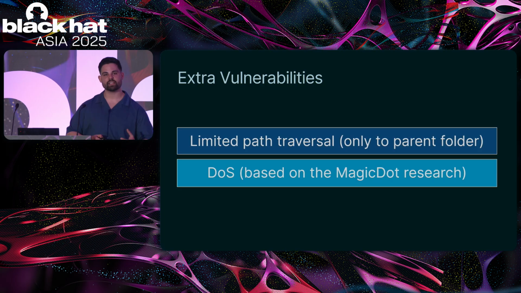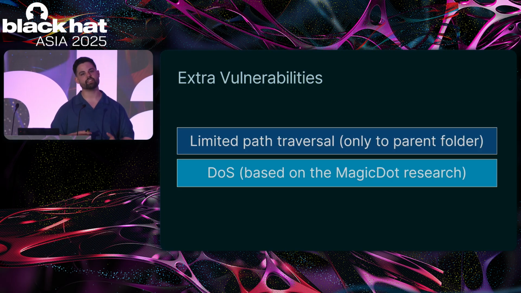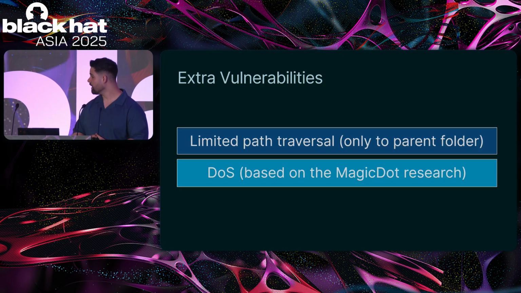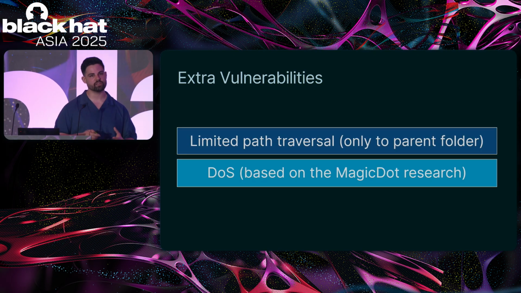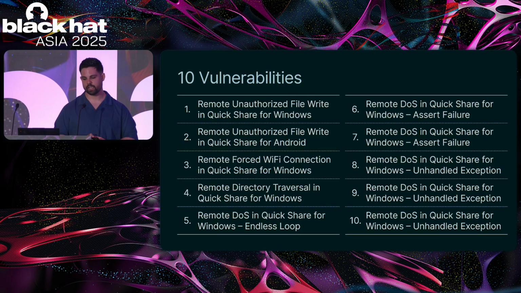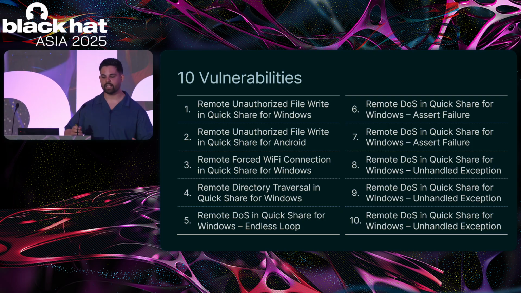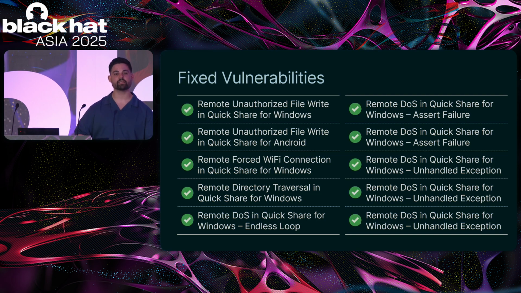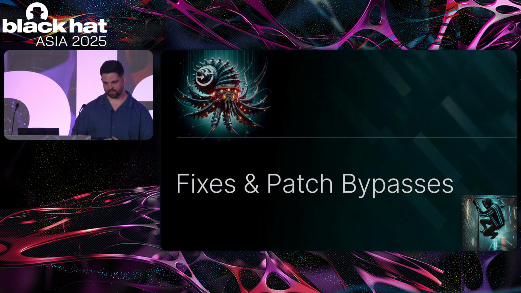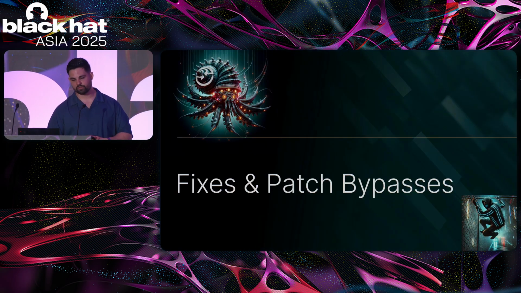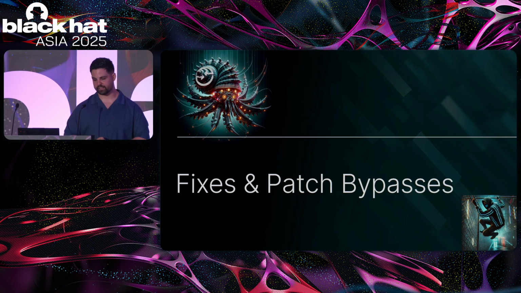And the second was another denial of service, but both did not help us to achieve the remote code execution, so I did not elaborate on them. But overall, we found 10 different vulnerabilities, along with another bug in Chrome. Google fixed all the vulnerabilities that were reported to them, and so we set out to look at the fixes.